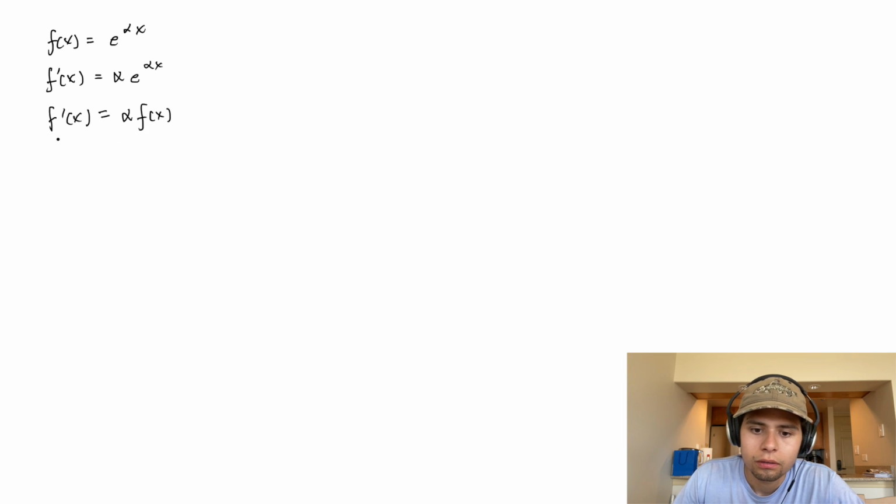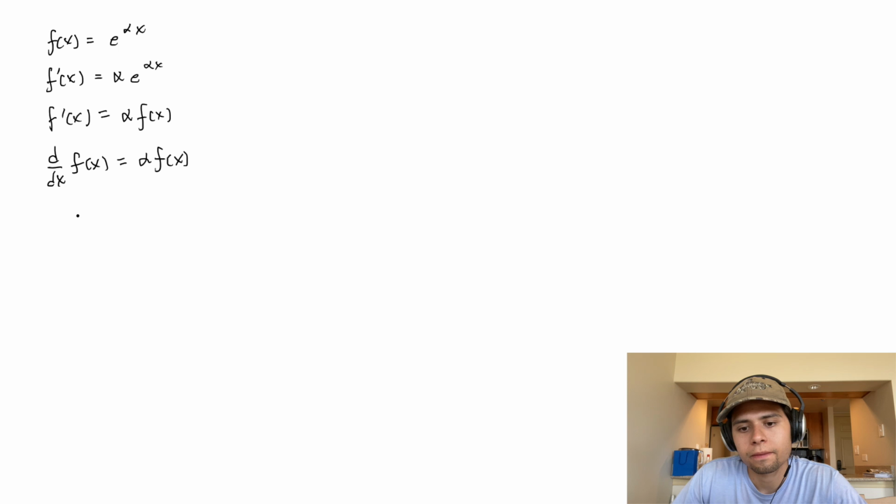Okay? f prime of x is the same thing as d dx of f of x, equals alpha f of x. Since we have f of x here and f of x here, what we're saying is that d dx is equal to alpha, right?